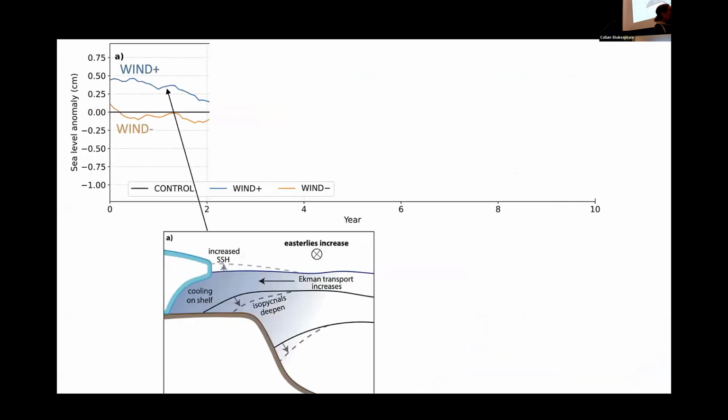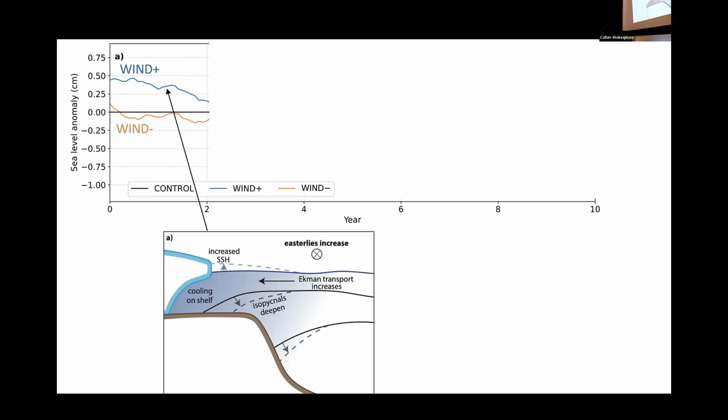Okay, so what happens when we change these winds? To start off, this is looking at the sea level response averaged over the continental shelf around Antarctica. What we expect from increasing the zonal component of easterlies is more southward transport, and your sea level will increase because you're piling up more water on the shelf.